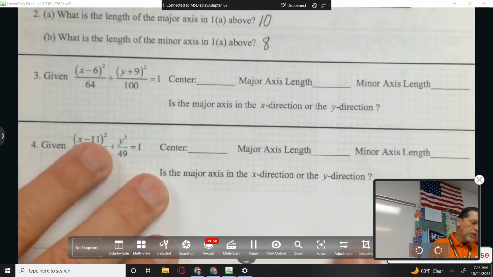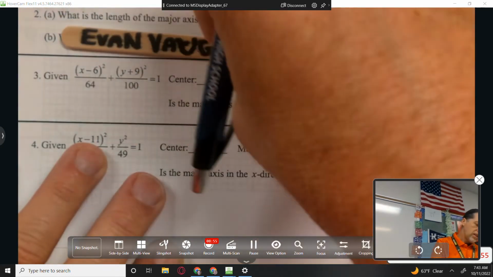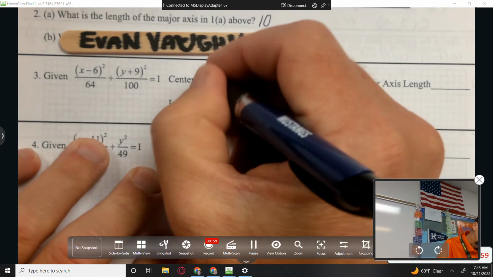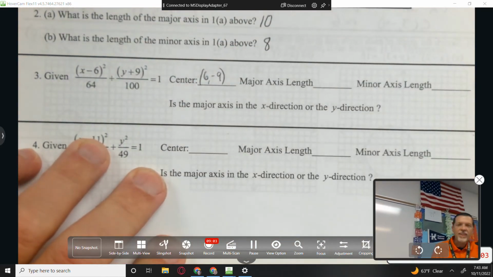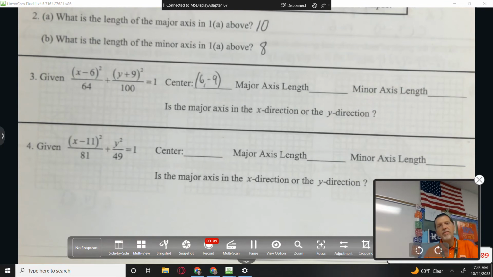All right, number 3, we'll try to work without graphing it. Evan, what's the center? 6, -9. Major axis length. Okay, we haven't really done one of these without drawing it first. Anybody tell already what the length of the major axis is going to be? 20.